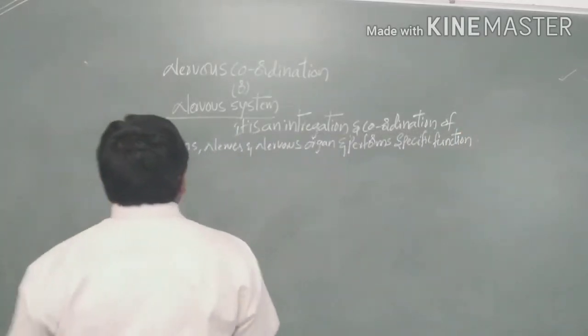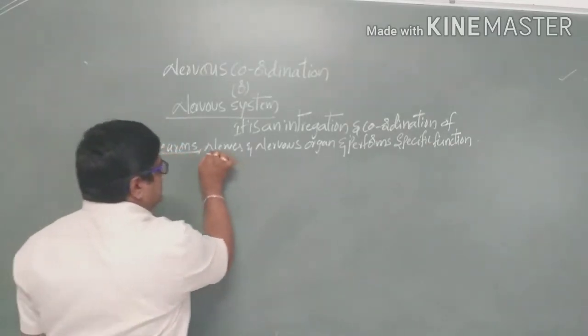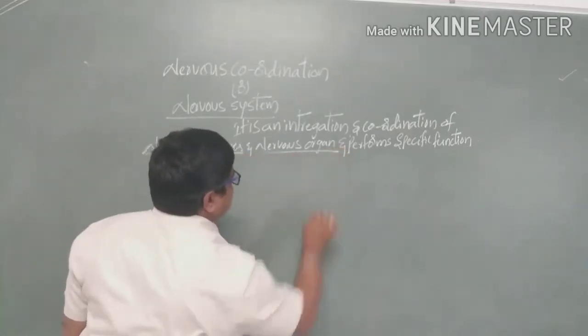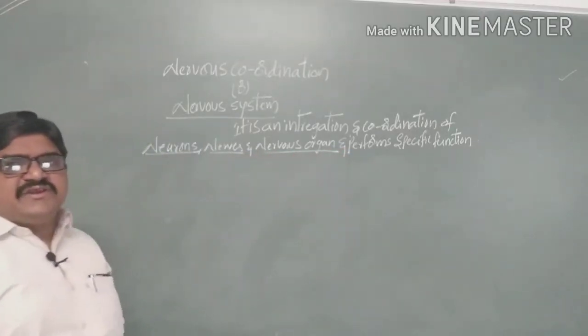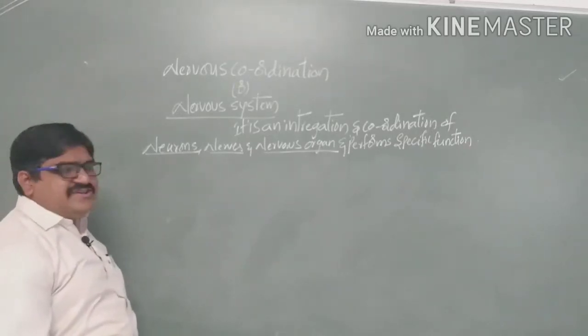Here it consists mainly of the neurons, the nerves and the nervous organs, where we know that it is an integration and coordination.